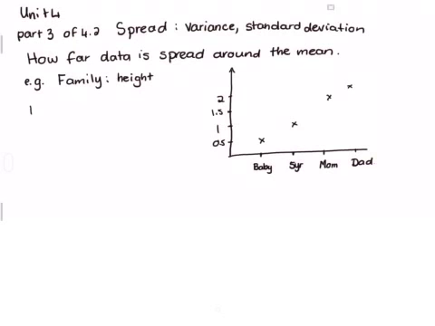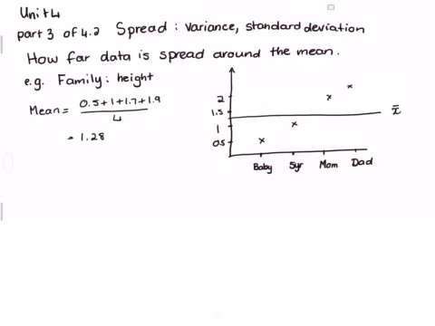We're going to look at the mean. So the mean of their heights is, add them all together, divide by 4. And it gives you 1.28. So 1.28 may be around here. So there is my mean.